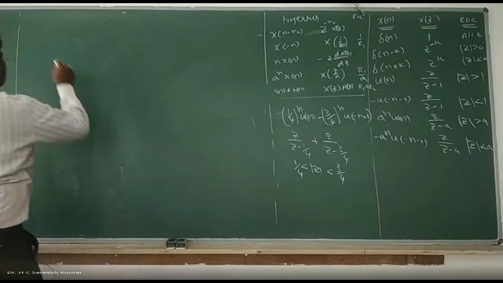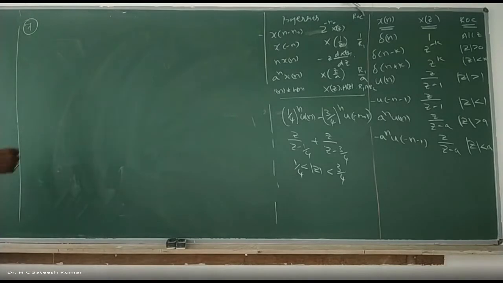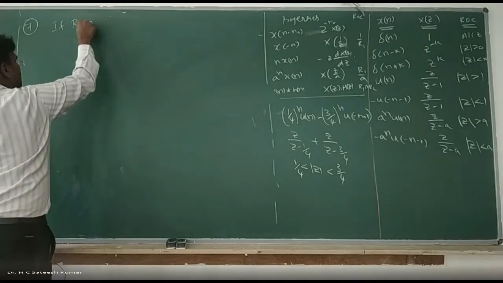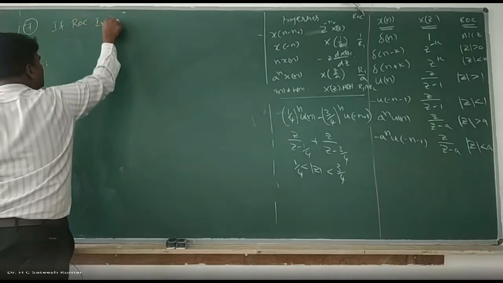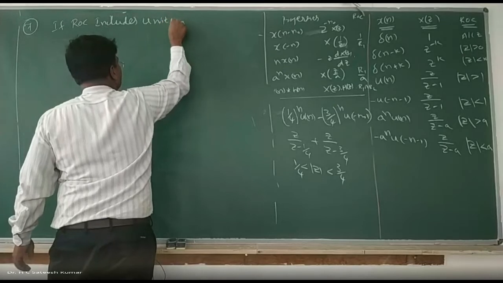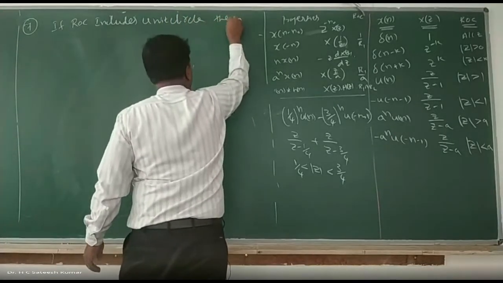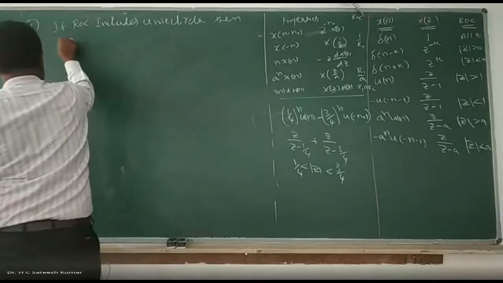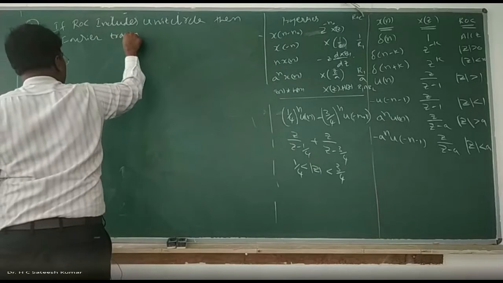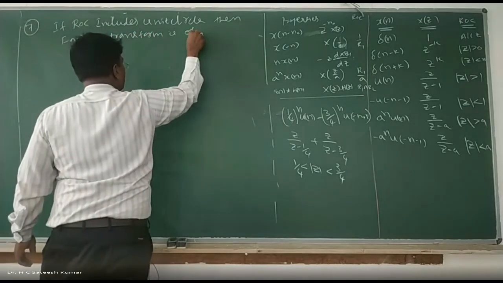Seventh property: if the ROC includes the unit circle, then the Fourier transform is obtainable.